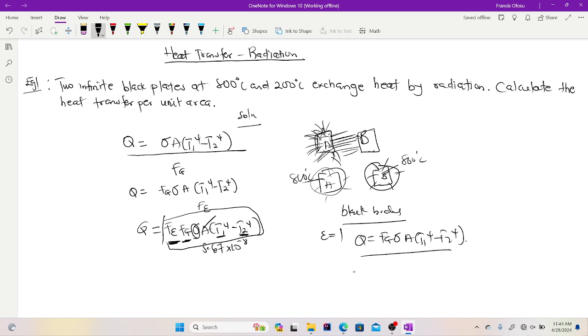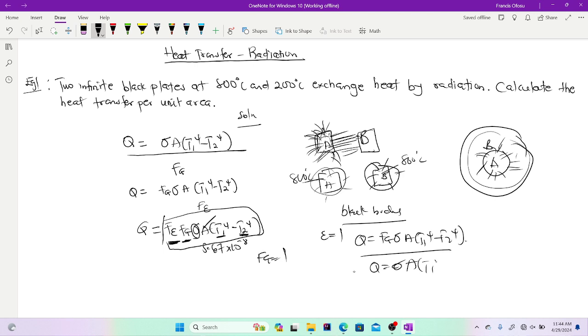Now when you are considering two bodies, A and B, and A emits heat by radiation to body B, body B engulfs the whole of body A. So all the heat emitted by body A is absorbed by body B. We can see that the view factor or geometric factor for this problem becomes Fg equal to 1, because everything emitted by body A is absorbed by body B. So now our Fg also becomes 1 and we are left with sigma A (T1 exponent 4 minus T2 exponent 4). These are the modifications.